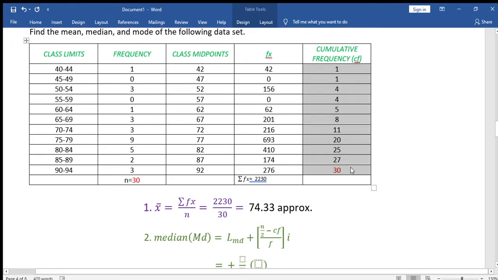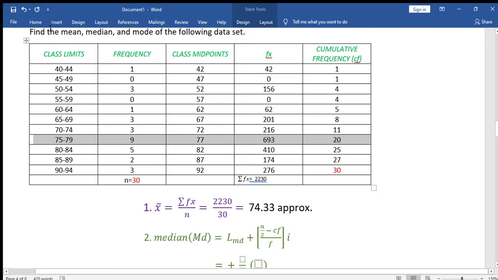Where can you find 15? 15 can be found in between the CF 11 and 20, correct? It can be found here. So 15 is ranging from 11 to 20. Yet, your median class now can be found at 20. Okay, I'll mark it. This is now our median class at 75 to 79.